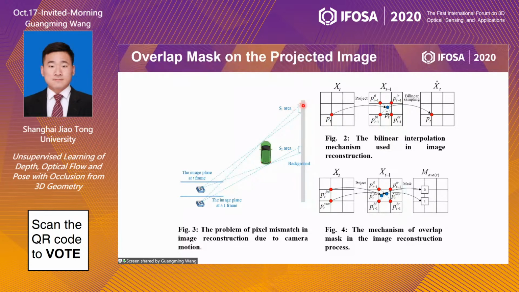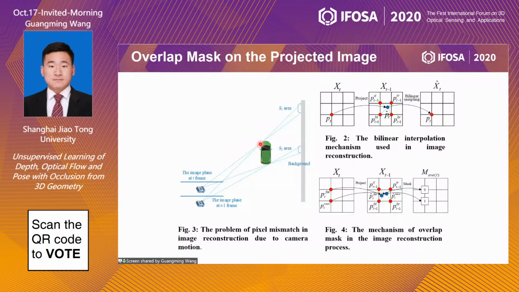But when we project the point cloud of the SCR and the front of the car to 2D at the T-1 frame, the SCR will be occluded by the front of the car.